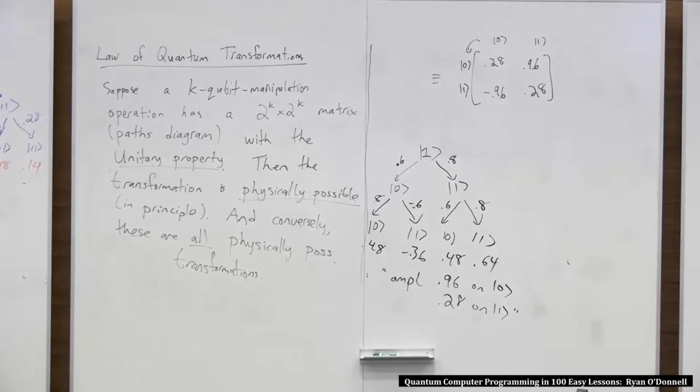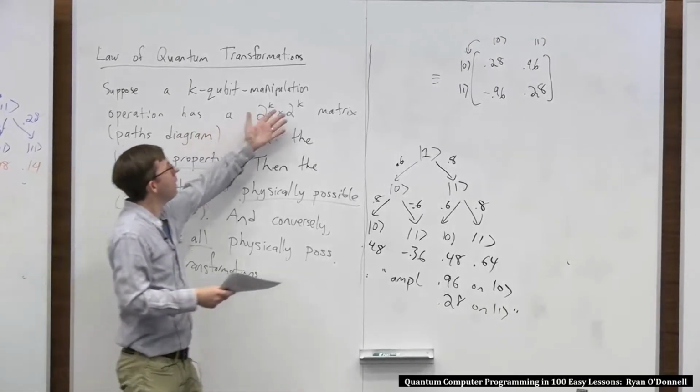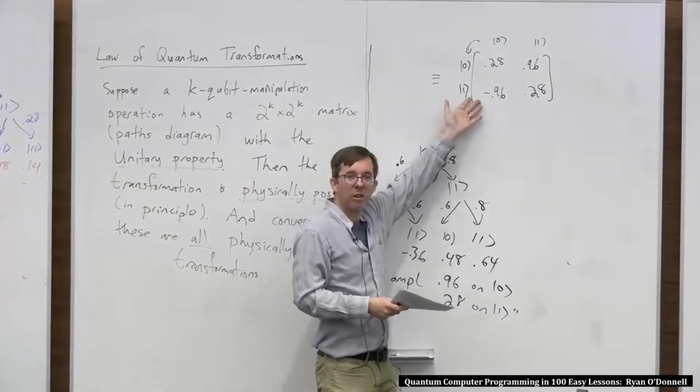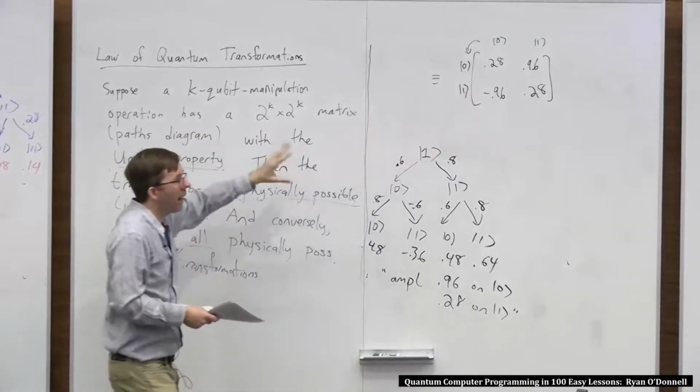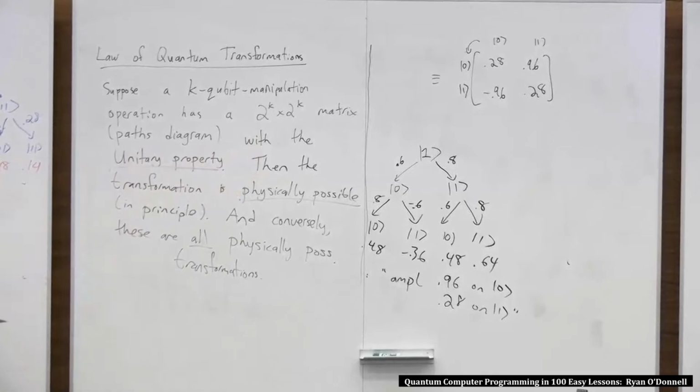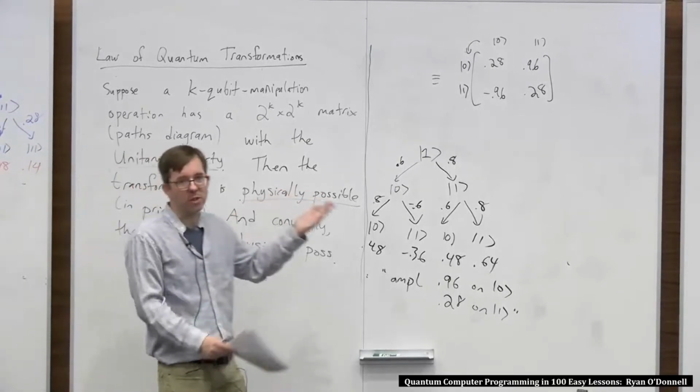If you want to know how the state of some particles can change, well, it can precisely change by a paths matrix operation, a paths diagram operation, that has this unitary property. Some parts of it are obvious, in the sense that we already told you there's a law of quantum mechanics that the state of some particles always has to have squared amplitudes summing to 1.